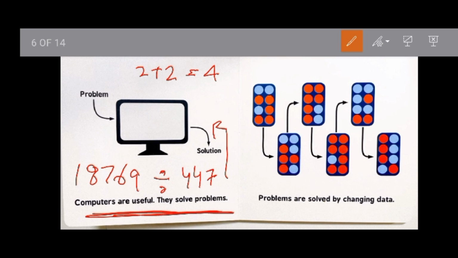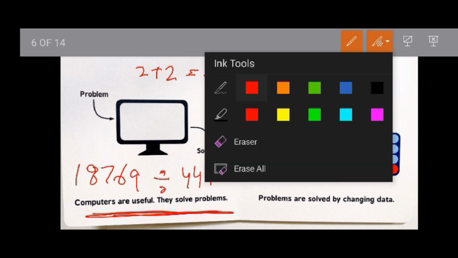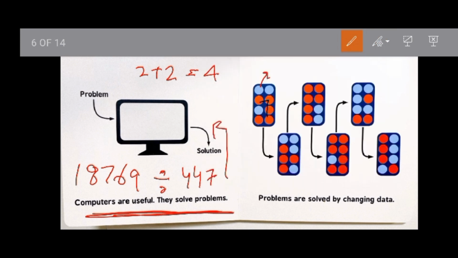Let's take an example. Here you can see we have data that looks like this. Then it changes itself for some operation, consider that it is 2 plus 2 happening inside the computer. So it's just an analogy, don't take it seriously.